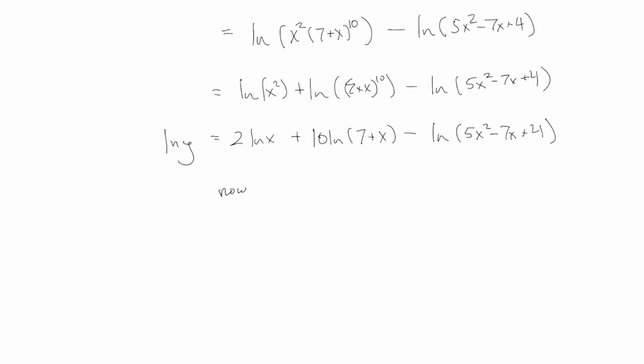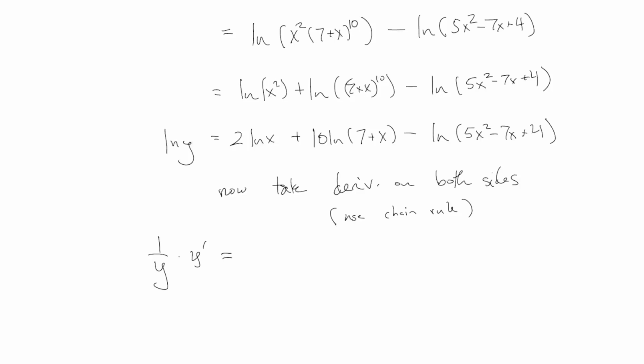So now, take the derivative on both sides. And for this, you do need to use the chain rule, but they're very easy chain rules. So on the left side, ln y becomes 1 over y times y prime.